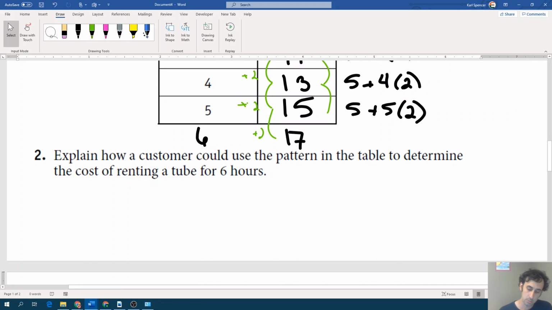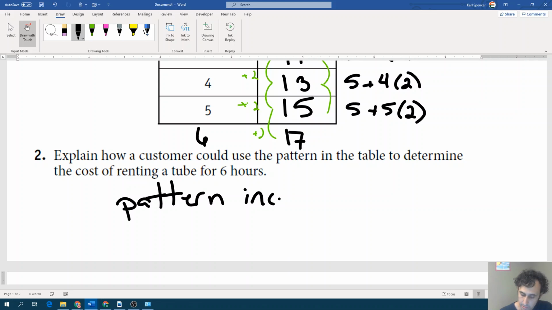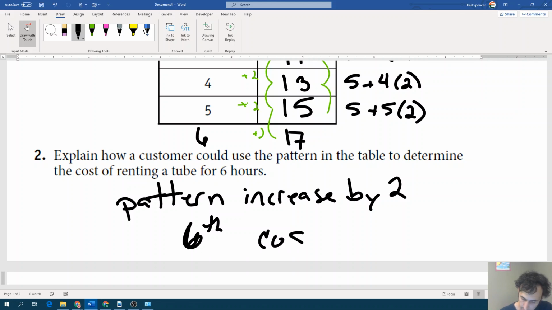So to explain how a customer could use the pattern, you could say the pattern increases by 2, so the 6th hour would cost $17. And a lot of what we're doing is, can we recognize this pattern that's happening?